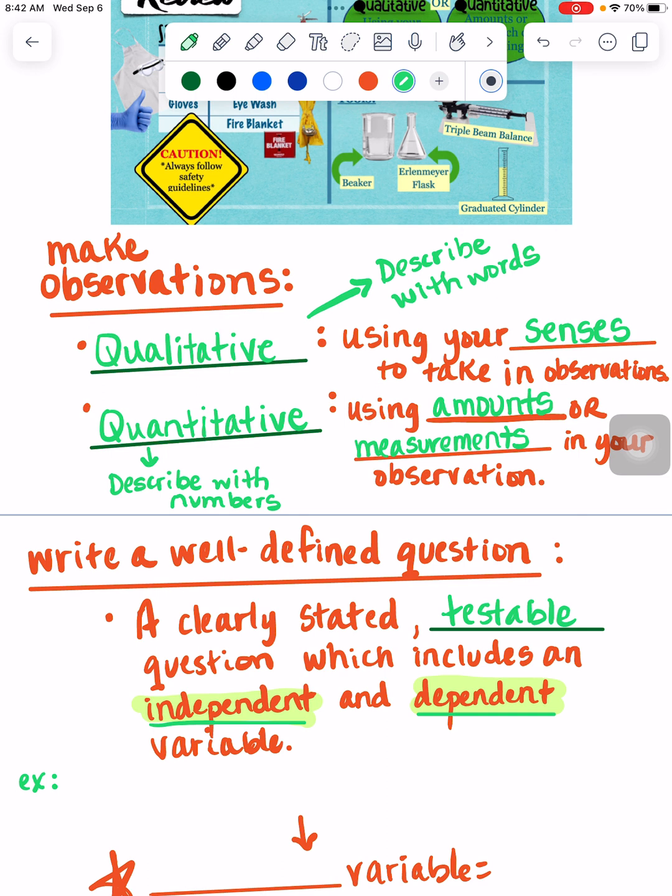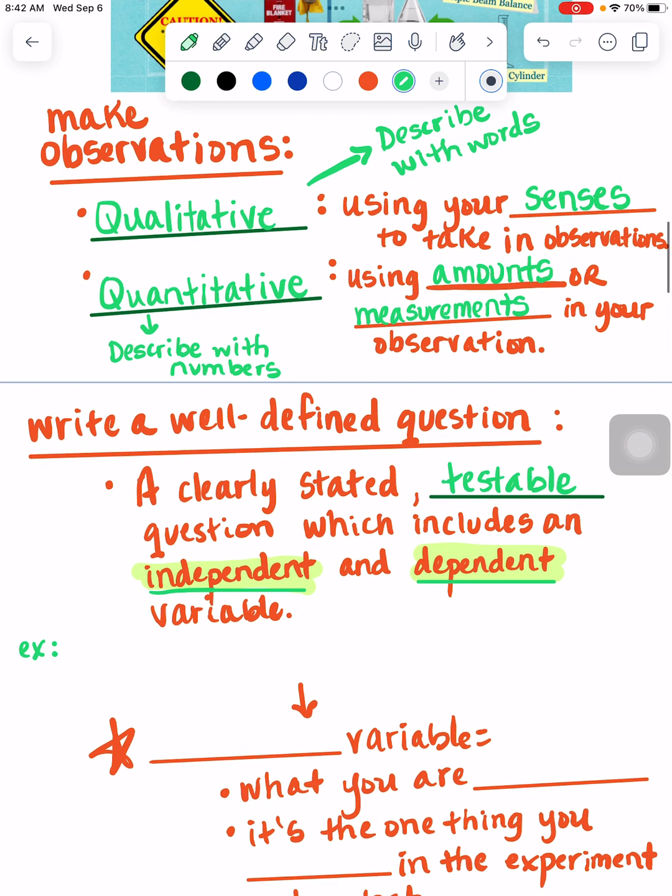In order to write it and pick out a well-defined testable question, you have to be able to tell me what is the independent, what's the dependent variable, so we need to make sure we know what those are. Let's write an example of a clearly stated testable question, and one that I came up with is what effect, so write this in please, this is our example.